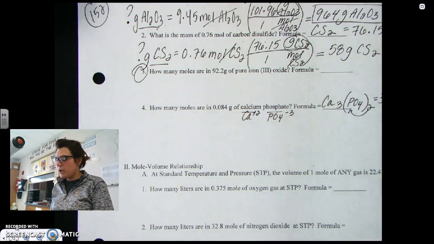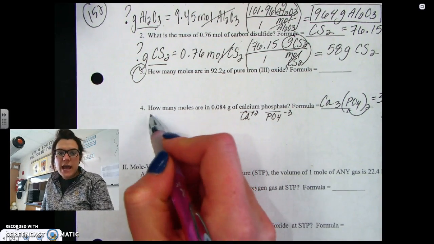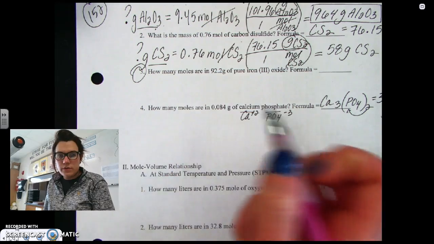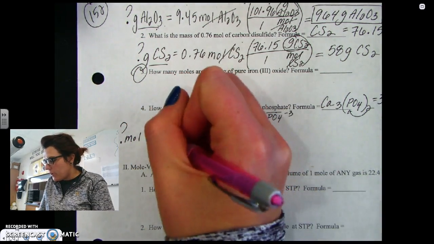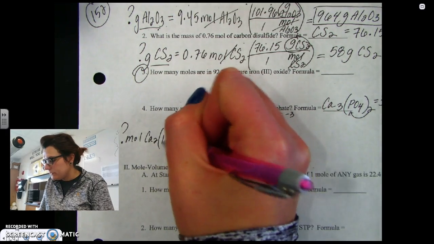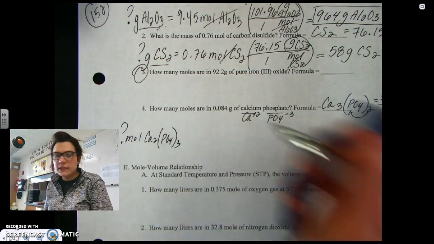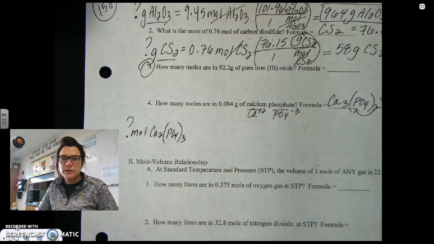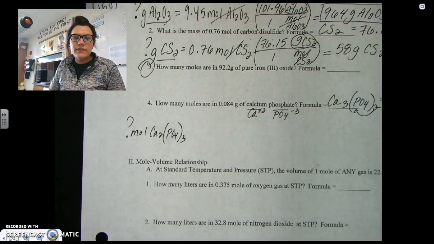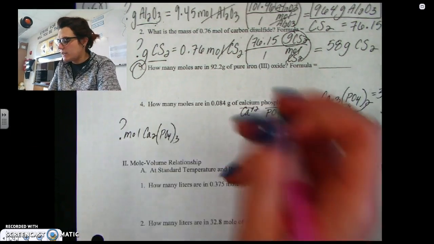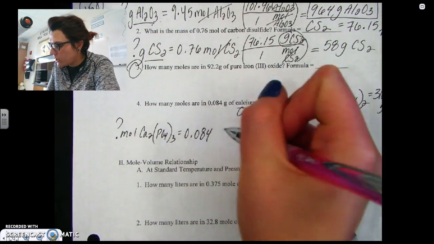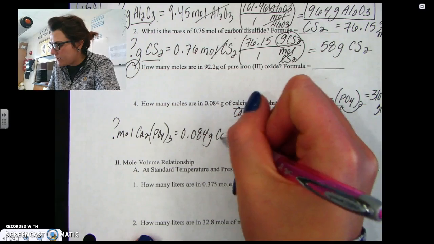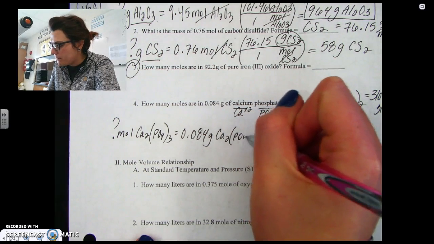Okay, here we go. Question is stating, how many moles? So I'm going to say, question mark, moles of calcium phosphate. Don't get lazy. Write everything out, please. Okay? Moles of calcium phosphate is equal to 0.084 grams of calcium phosphate.